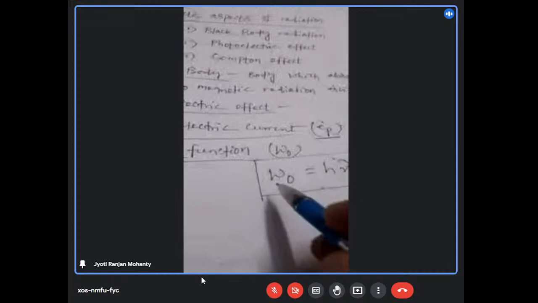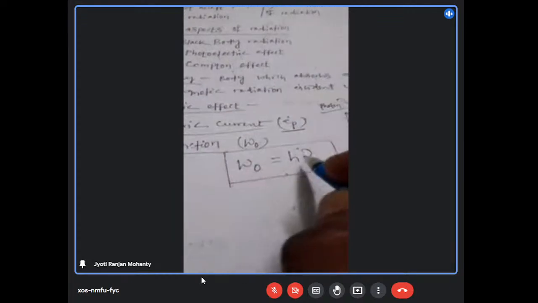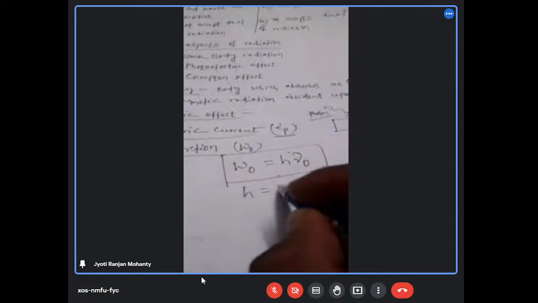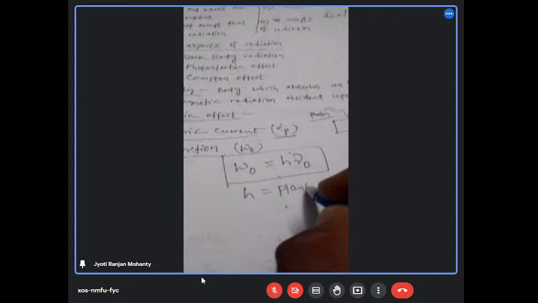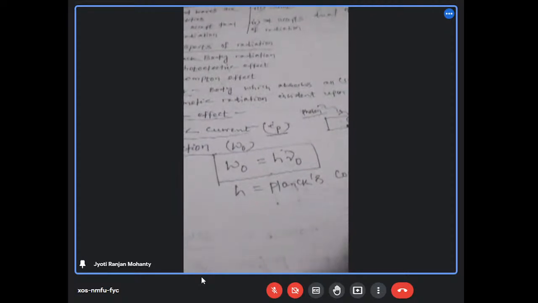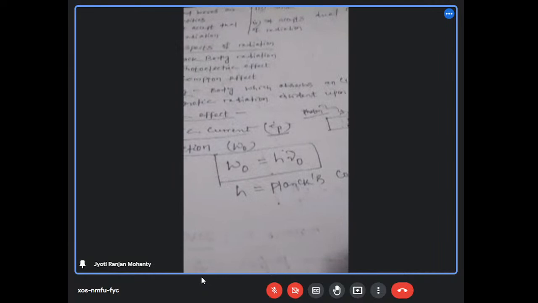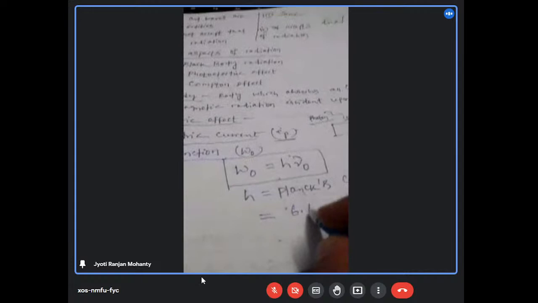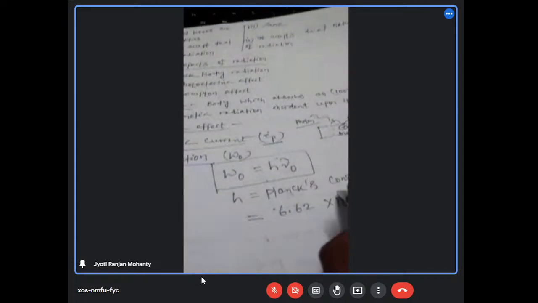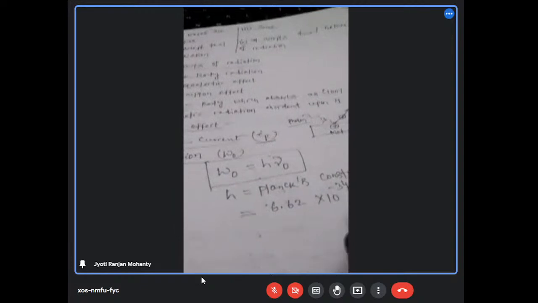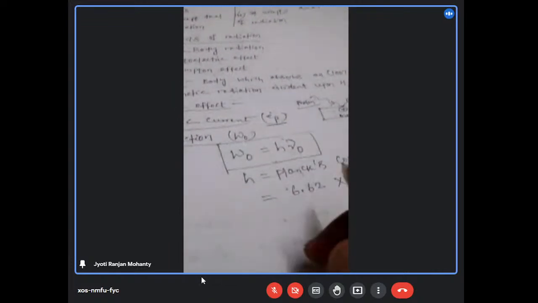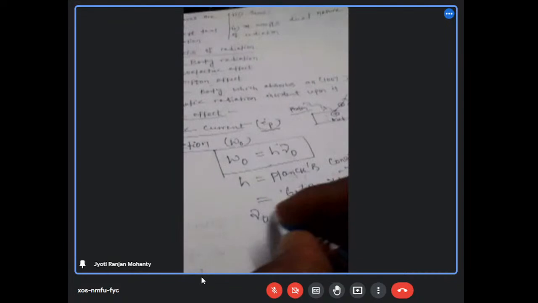The work function W0 formula is h into nu 0, where h is known as Planck's constant, and its value is 6.62 into 10 to the power minus 34 Js. Js means joule into second. And nu 0 is known as threshold frequency.